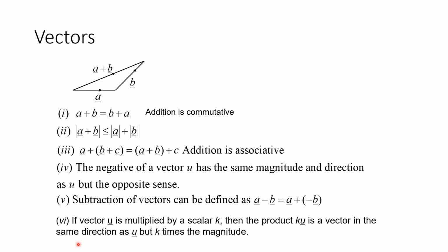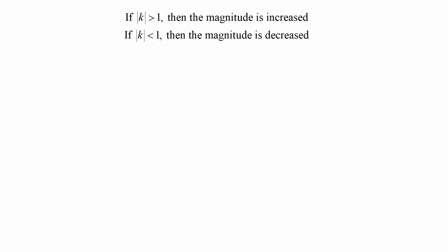So what happens is it's just that the magnitude increases K times, depending on the different K or different scalar value that is being multiplied with a vector. So it will decide how the magnitude increases or decreases.